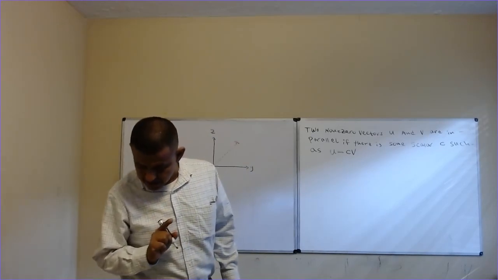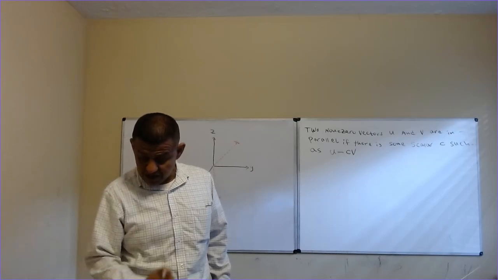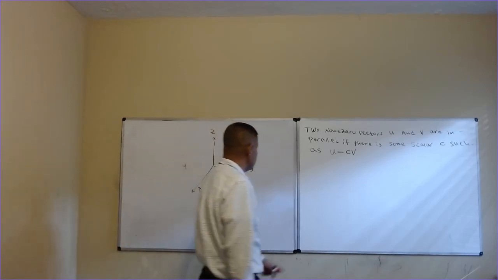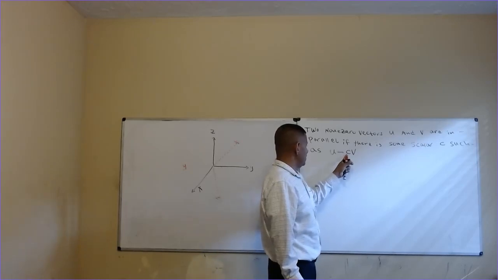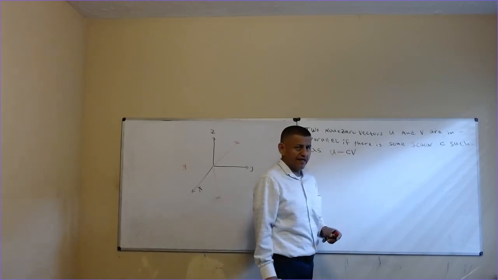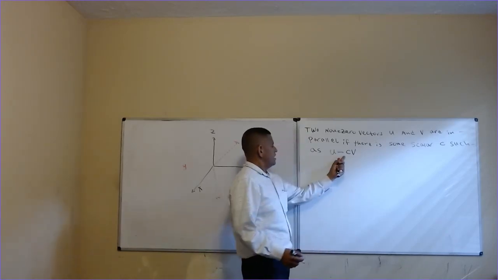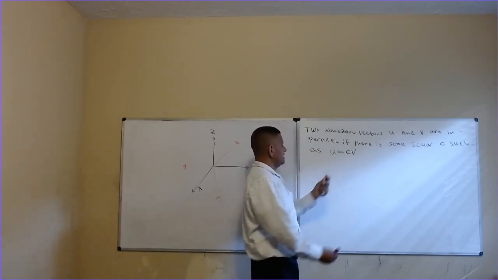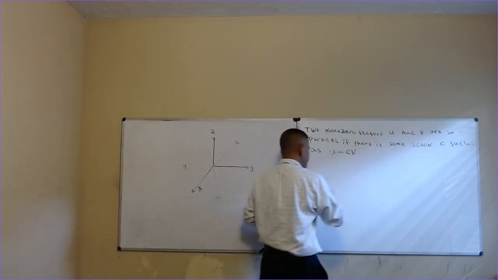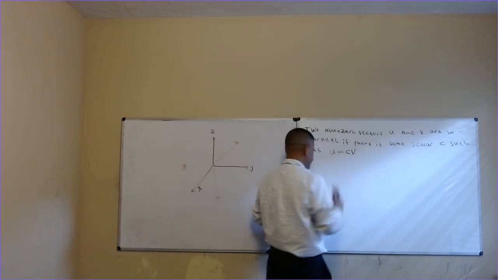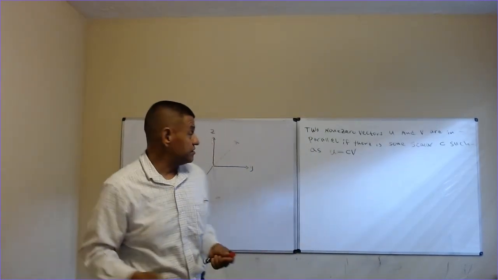Depending on the sign of c, the vector is going to change. If c is negative, of course, then it's going to go that way. If c is positive, it's going to go that way. Now, these are non-zero vectors.